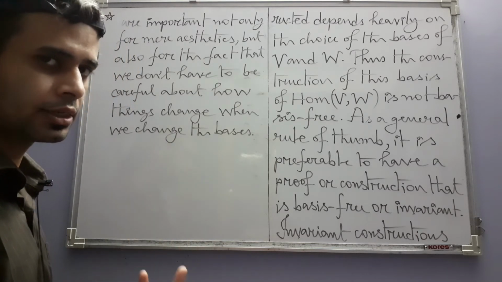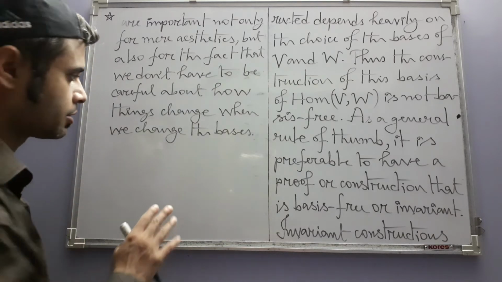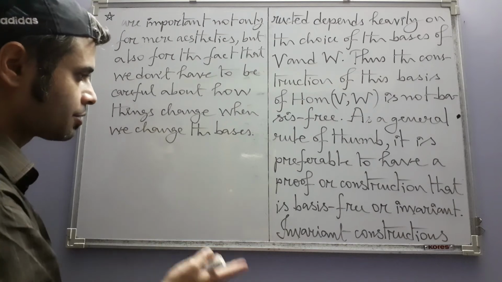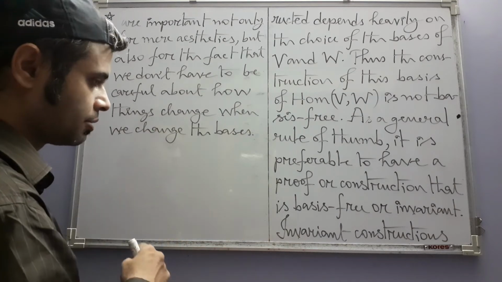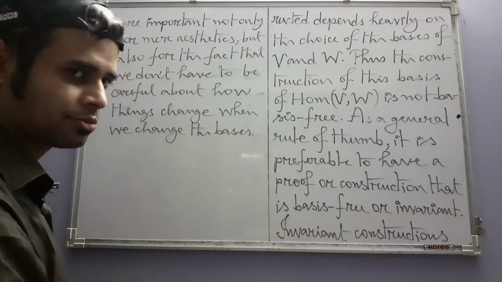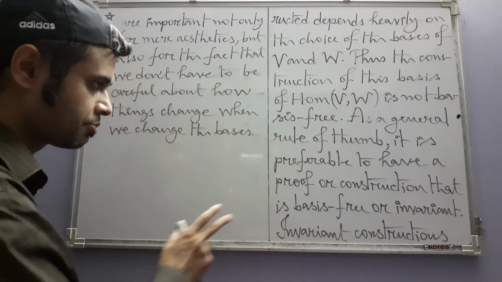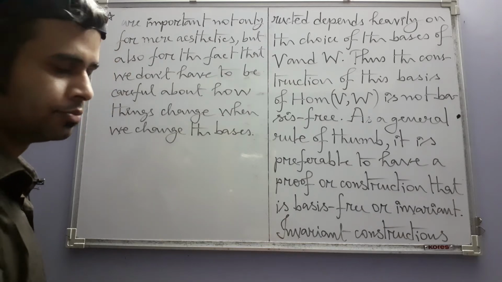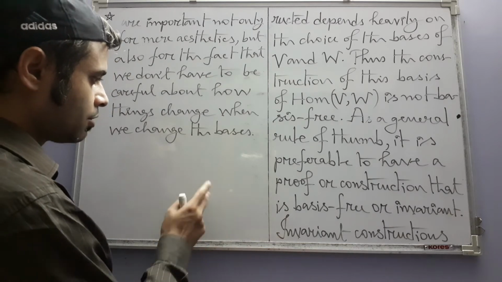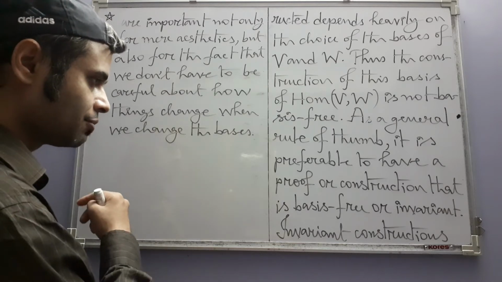so that aesthetic appeal is there, but that's not the only reason for them to be considered important. You also do not have to be very careful about how you are choosing the first basis. Whatever you are doing, you are going to choose a basis for the spaces that are already given to you. So if your proof or your construction is invariant, then you don't have to think about anything.